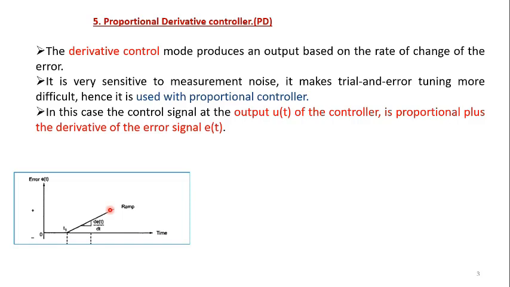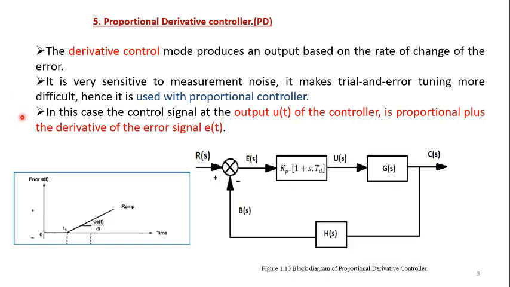So in the proportional derivative controller, that is the PD controller, the control signal at the output is proportional plus derivative of the error signal. So it will be proportional to the error, and it will be added with the rate of change of error, which is accumulated during the constant period of error or zero error.